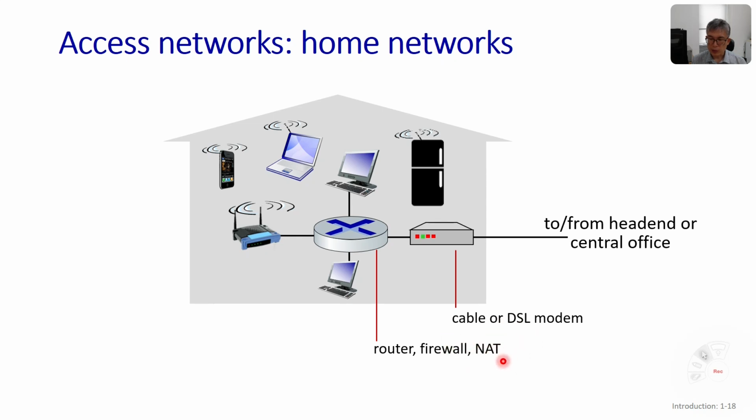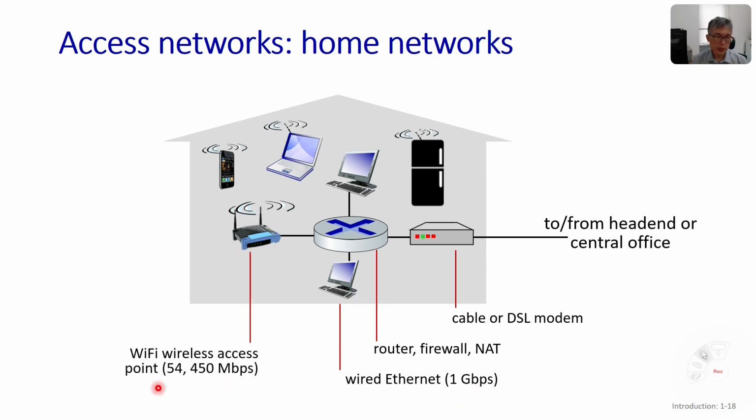NAT, network address translator, provides a private network. The Ethernet is usually 1 Gbps speed, and for Wi-Fi we are using 11g, 11n, depending on the version of Wi-Fi, so we can provide 54 or 450 Mbps service.